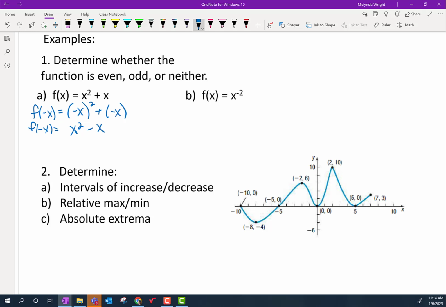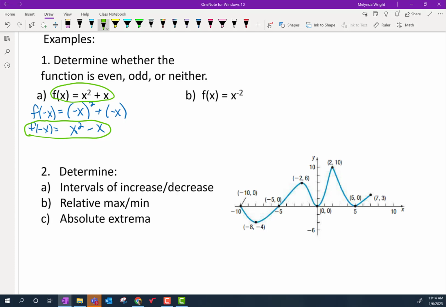Now what I'm going to do is compare the original function with the new one, the f of negative x. If they're identical, then it's even. If they're exactly opposite, then it's odd. And if it's a mixture, it's neither.